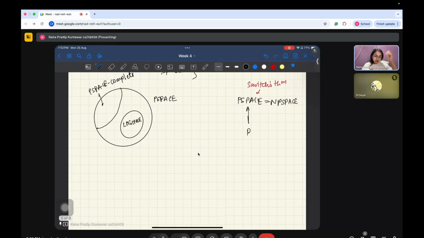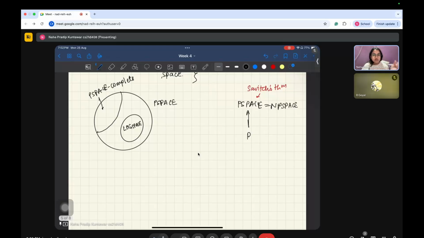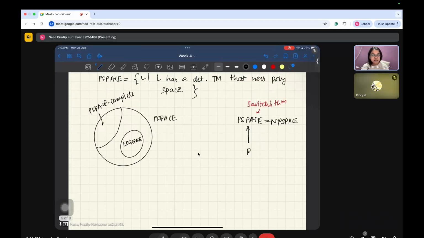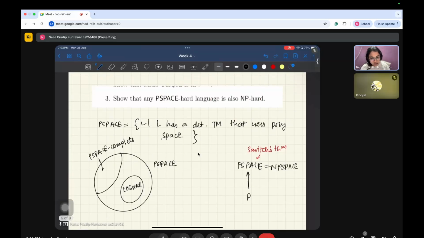Now the question is, how do we define the hardness? What kind of reductions would be suitable for this? In this case we chose to define it as polynomial time reductions.